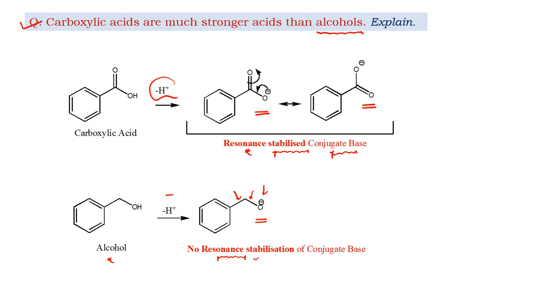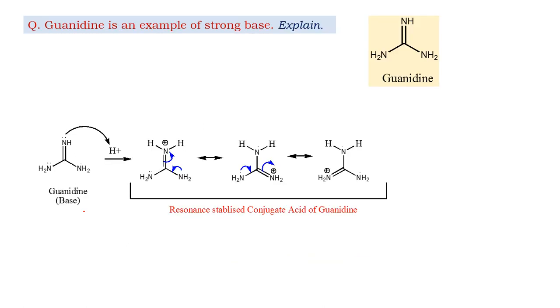Therefore, it will not have any stability, because the negative charge on oxygen will be 100%, and the more the negative charge, of course, the more reactive it is, so alcohol is not that much acidic as compared to the carboxylic acid. So this concept can be explained on the basis of resonance effect.